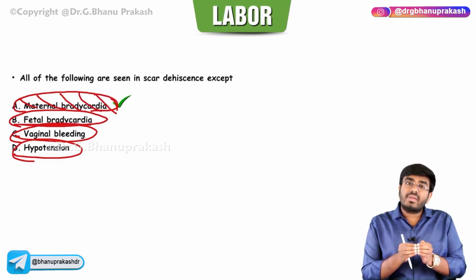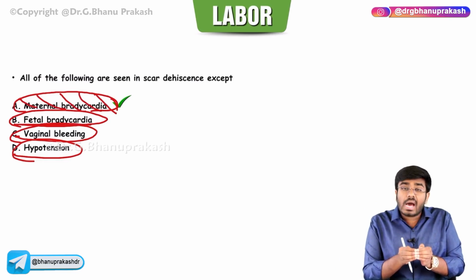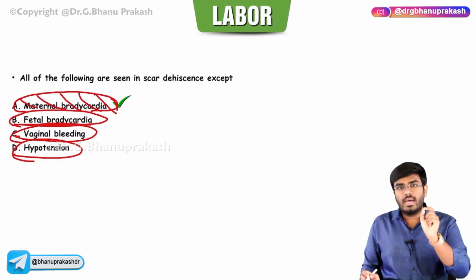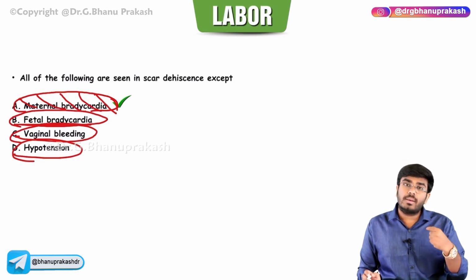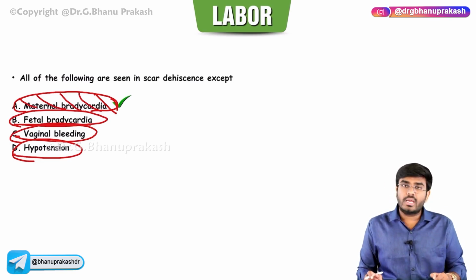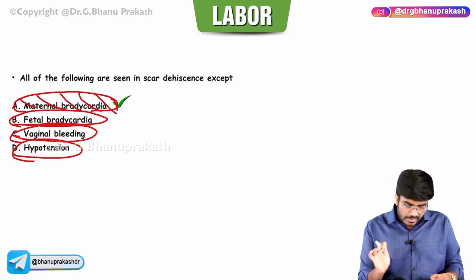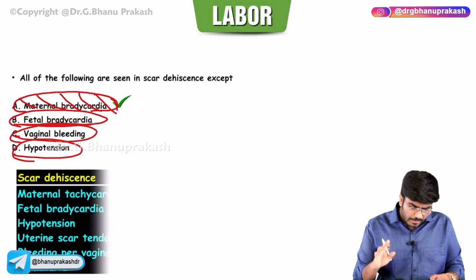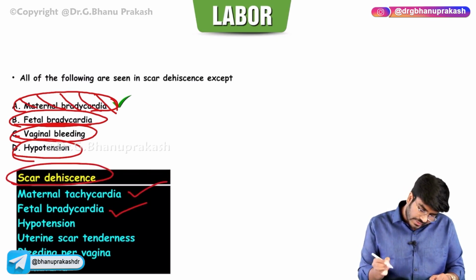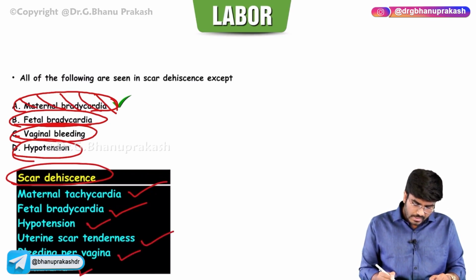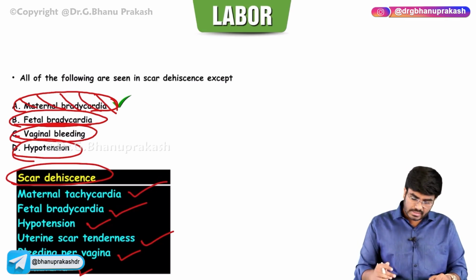So, what kind of features will you see in scar dehiscence? Maternal tachycardia, fetal bradycardia, hypotension, per vaginal bleeding, hematuria, and scar tenderness. Okay, scar tenderness can be seen.